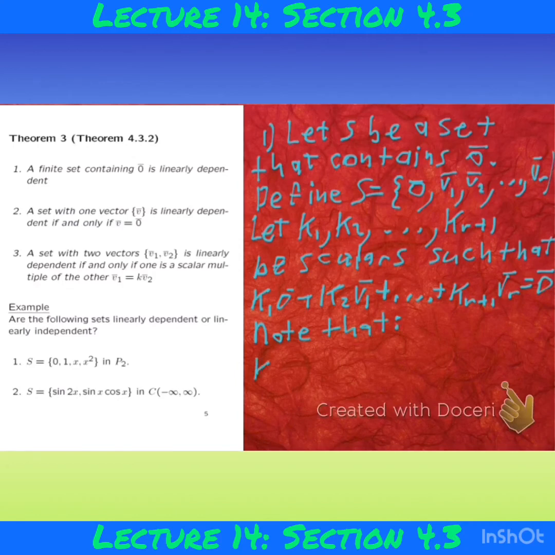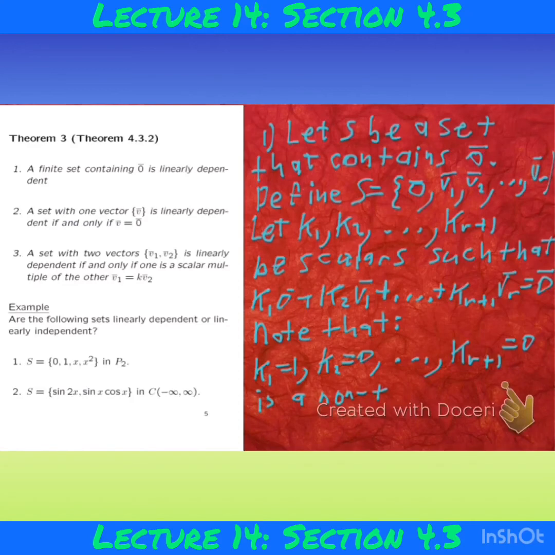We can make k1 equal to 1 and we can make all the other k's 0, up to kr plus 1. That is a non-trivial solution.